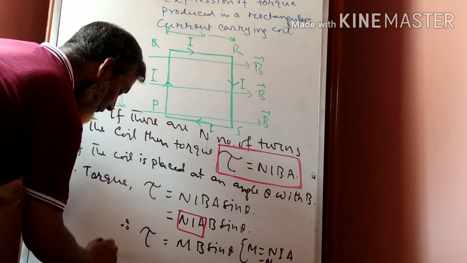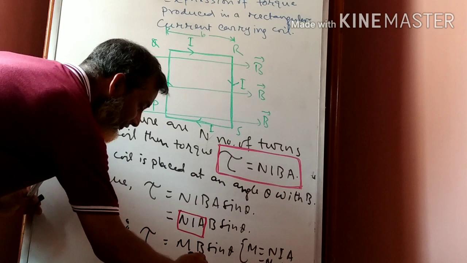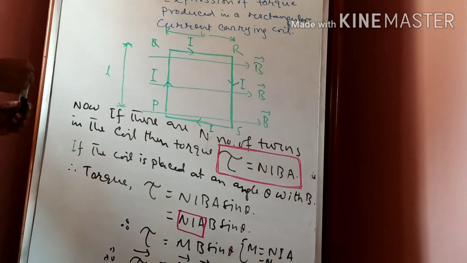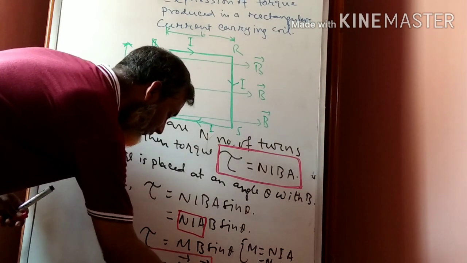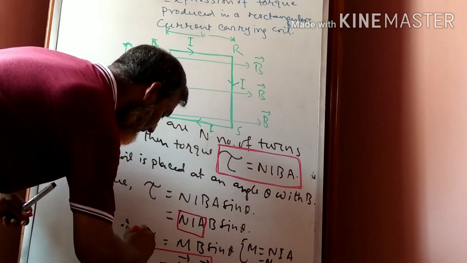And finally, we can write it in the vector form as tau equals M cross B. So this one is the expression for torque produced in a rectangular coil.